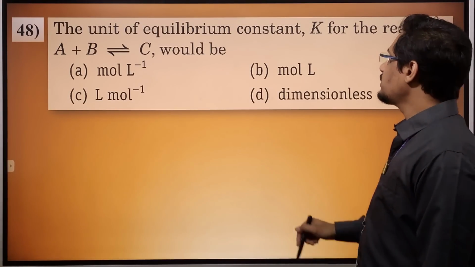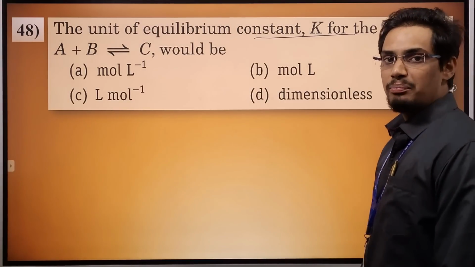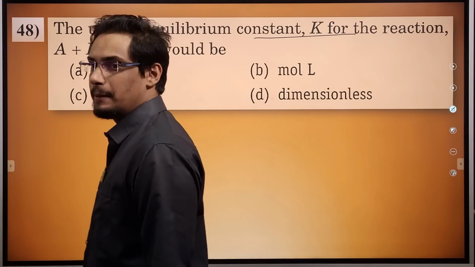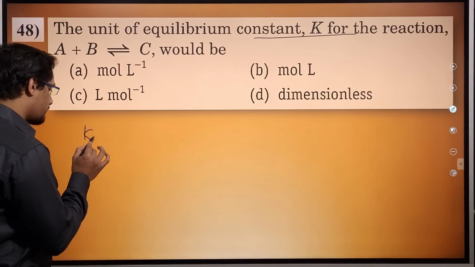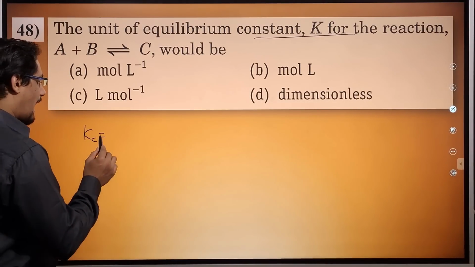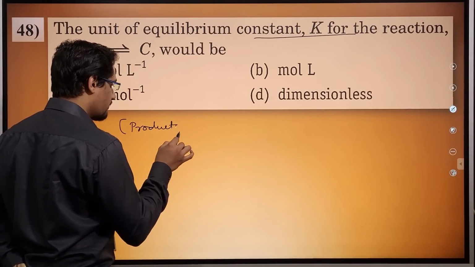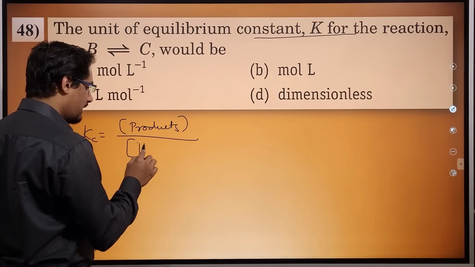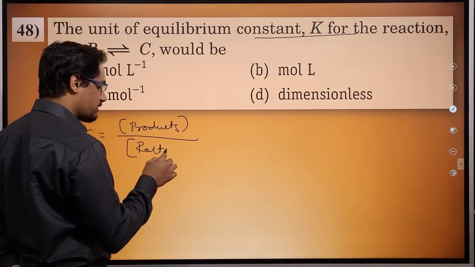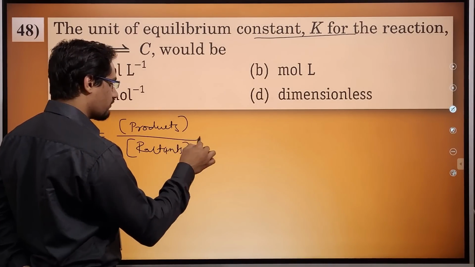Next, the unit of equilibrium constant Kc for the reaction A plus B gives C would be. See, what is equilibrium constant? Kc stands for the concentration of active masses of products at equilibrium divided by the product of active masses of reactants at equilibrium.